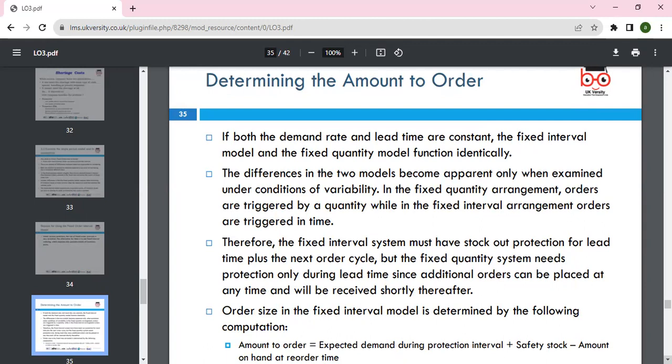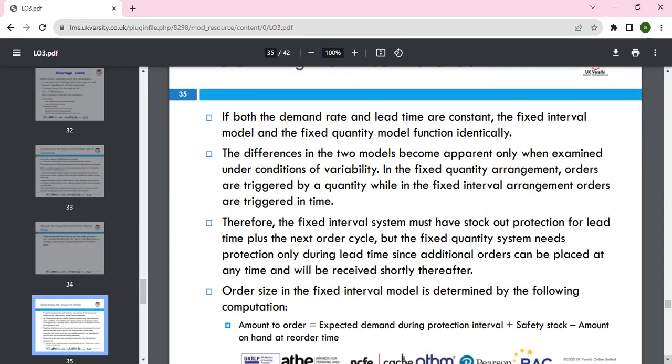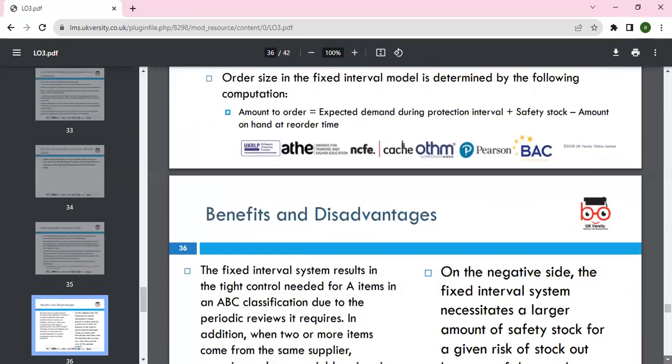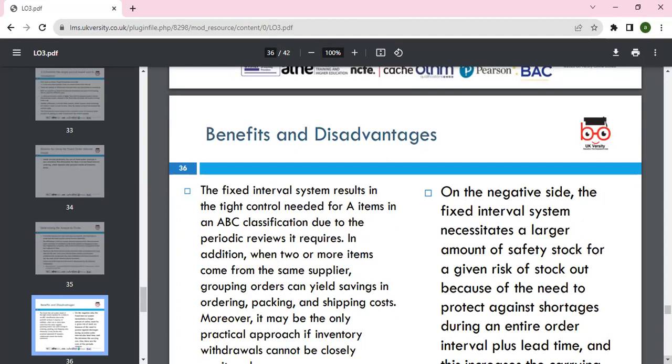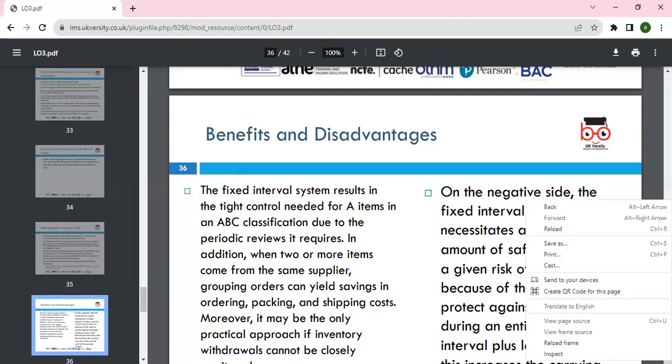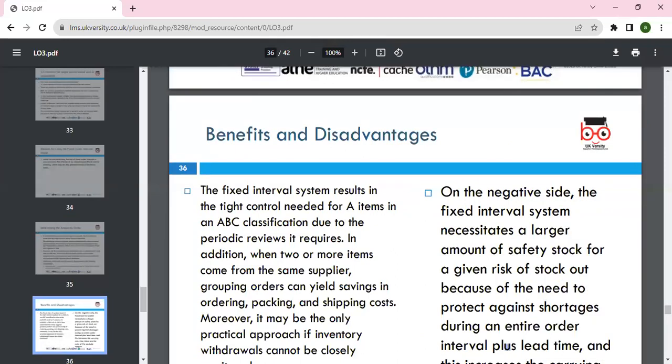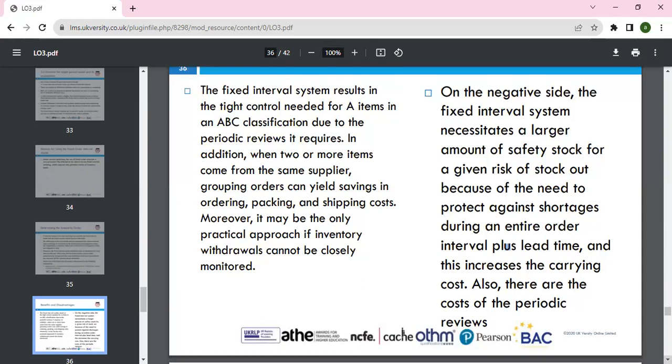The fixed quantity model triggers the order at a quantity, whereas with the fixed interval, it must cover the stock-out risk during the production lead time, which we need to manage. Benefits and disadvantages: the fixed interval results from the tight control needed for A items in ABC classification, and the negative side is that the fixed interval requires a large amount of safety stock, which can be risky if that stock is in something like fashion industries, and that can create a problem as well.